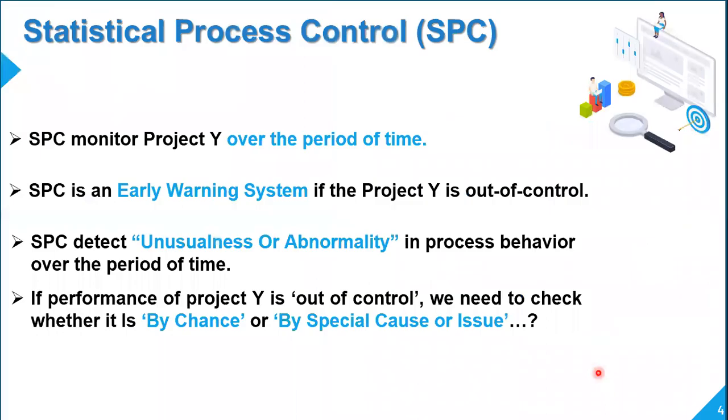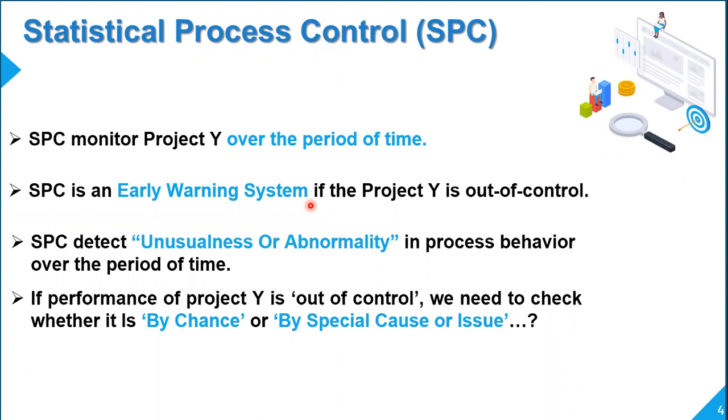Right. So statistical process control monitors project Y over a period of time. SPC is an early warning system if project Y is out of control. Over a period of time, if you find that at any given time the process Y is out of control or behaving abnormally, it is better if we can detect that abnormal behavior earlier.